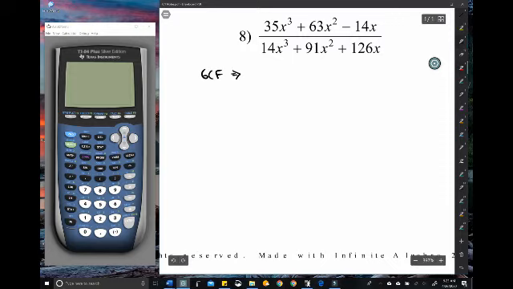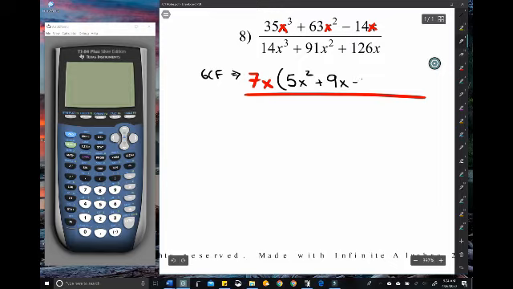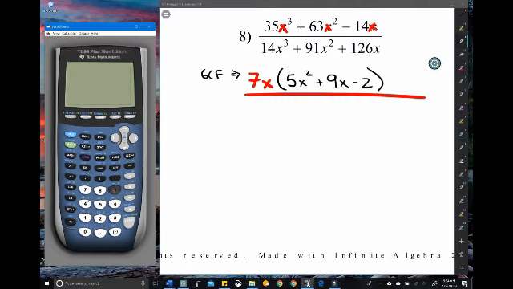This time, everything shares an x. And they all share a factor of 7. So 7x, let's take that out in the numerator. That's going to leave us with 5x squared plus 9x minus 2. Denominator, so they all share a 7. Is 91 divisible by 7?